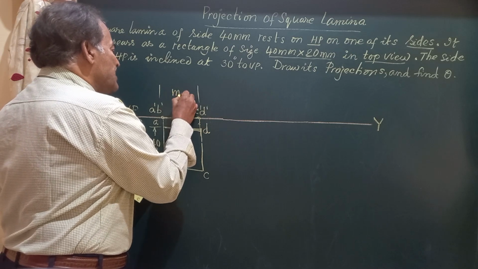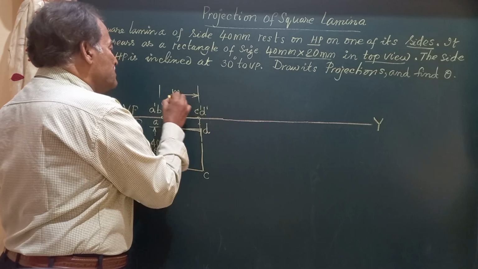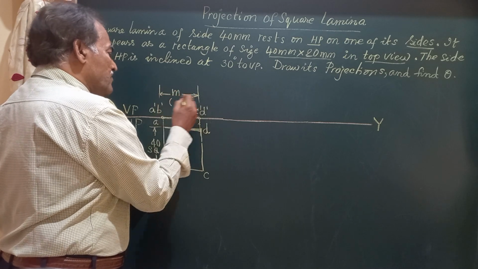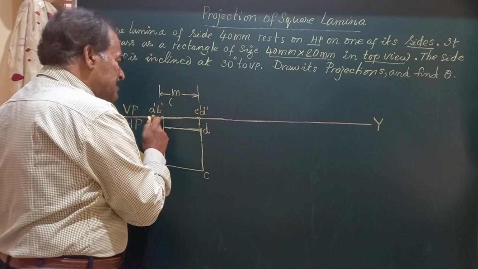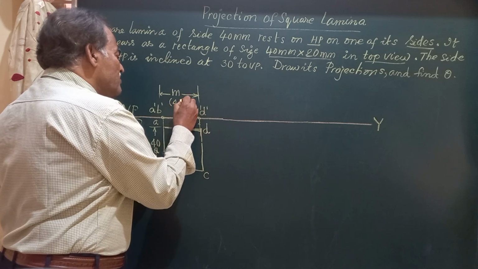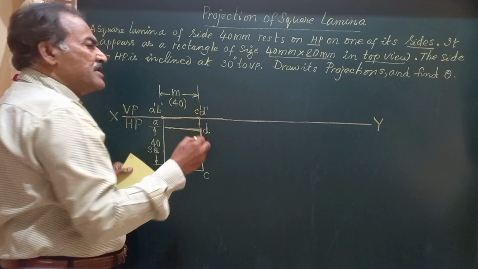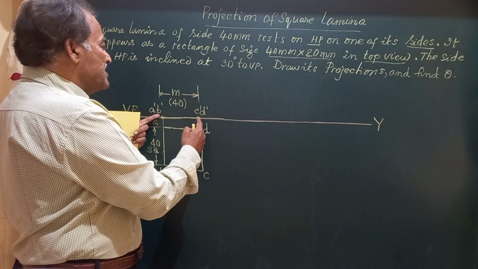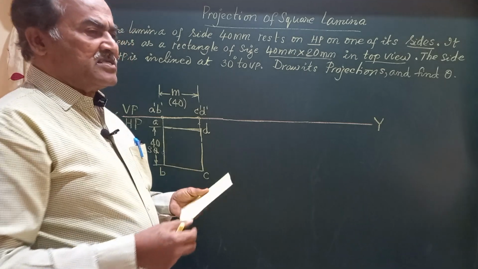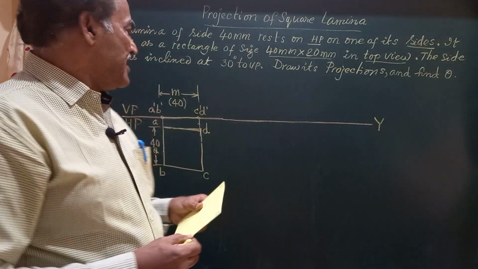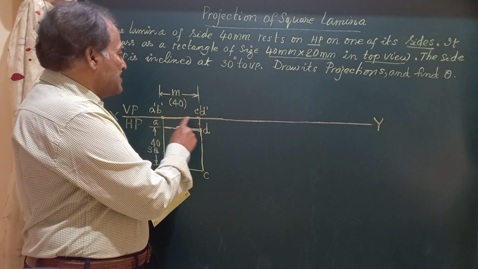Friends, generally while explaining the problems on these laminae, I call this distance M, the maximum length of the dimension, and in this case it is going to be 40 mm. Similarly, it all depends on the dimension. So the value of M will be just 40 here. Friends, if you observe the front view of this lamina, you see there are 4 points on the front view.